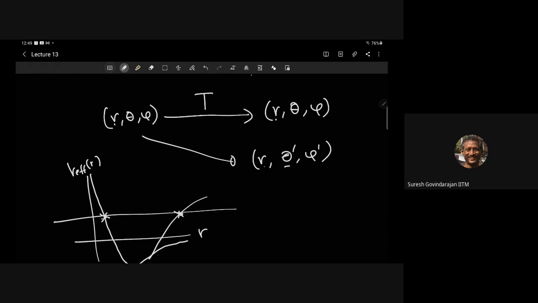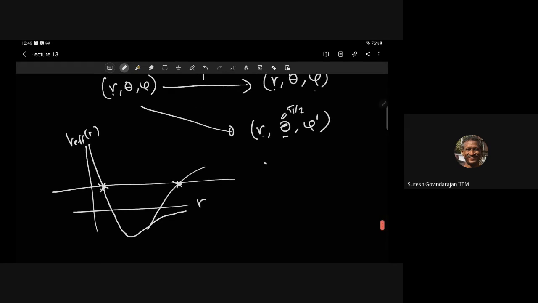We can actually ignore theta because it's central force motion, so theta is meaningless; theta is pi by 2, we can choose that, and it will always remain at pi by 2, no problem. But phi may not come back to itself, so it may not close. You need it to close in the phi space as well at the same time. It could come back to the same value of phi, but at some other r, so again it doesn't work.